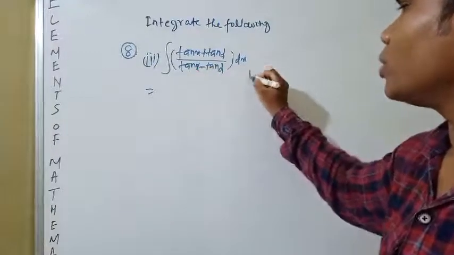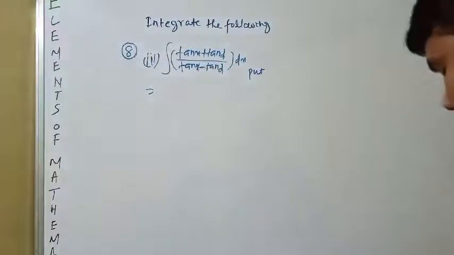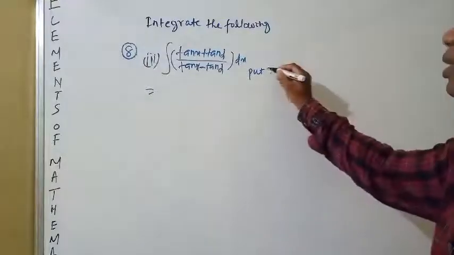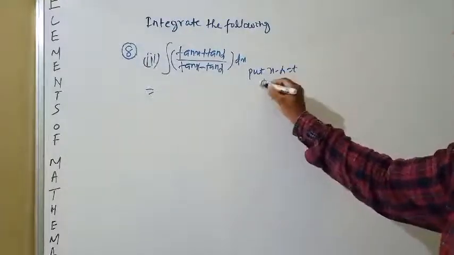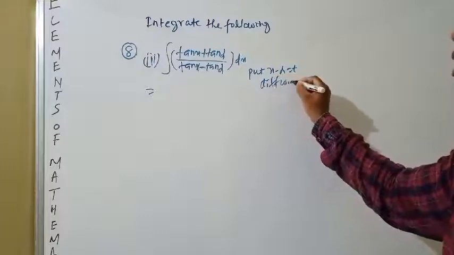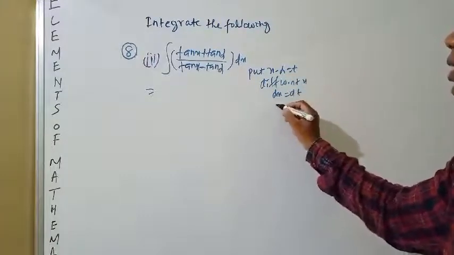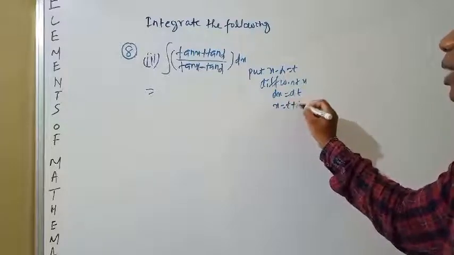Now you put, as already given in your question, x minus alpha is equal to t. Differentiate with respect to x, dx equals dt, and x is equal to t plus alpha.